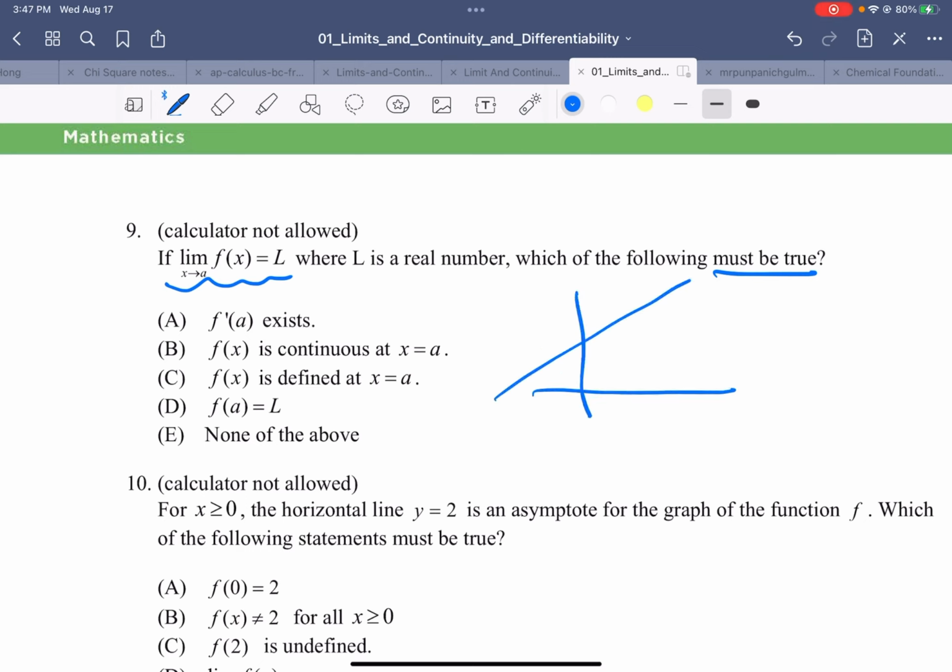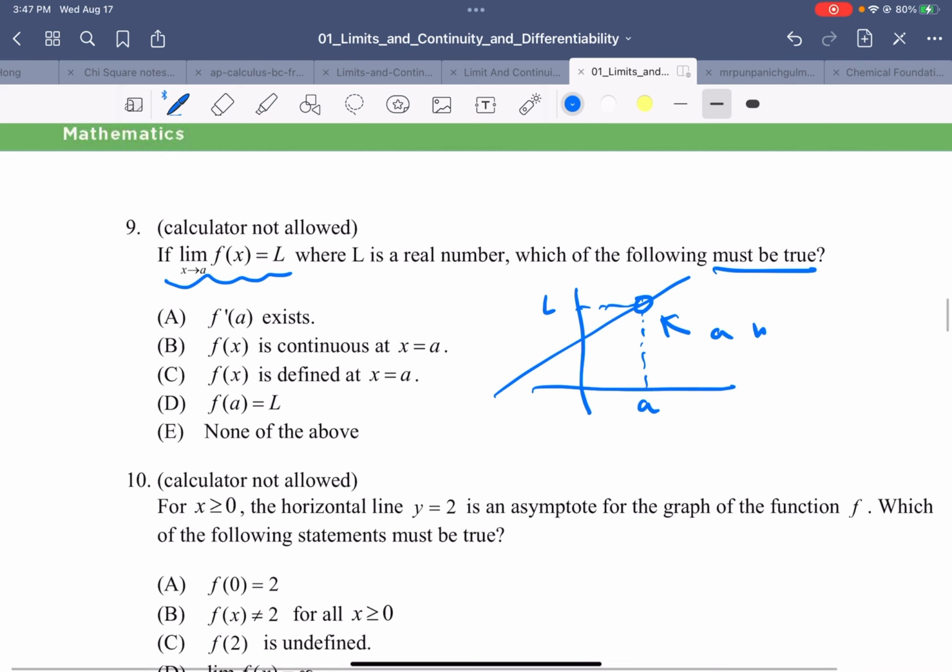Let's say there's a hole at x approaching a, and this value is L. If there's a hole, the limit still exists, but f of a does not exist, so it's not continuous. Not continuous, then not differentiable.